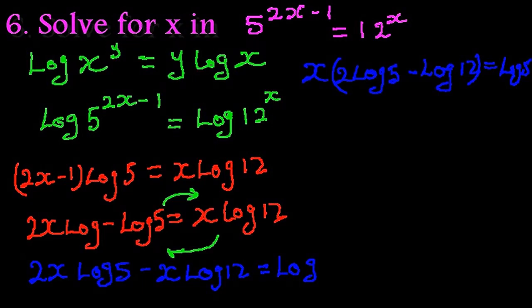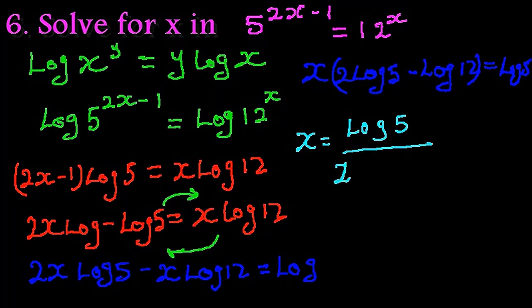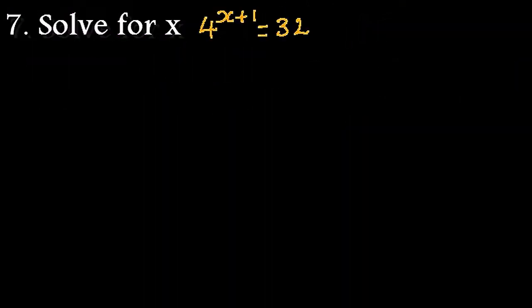So our x is equal to log 5 divided by 2 log 5 minus log 12. Using a mathematical table or a calculator, you should be able to get your x, which is 2.19. So that is how you work out that question.